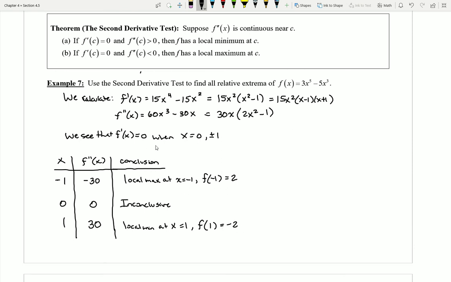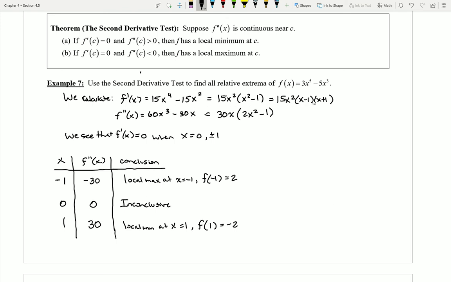So all that the second derivative test here is going to help us do is to find some local mins and maxes in a way that's different from how we used the first derivative test. Now, most of the time, I would actually say that the use of the second derivative test is not going to be very frequent. It is very rare that we're going to need to go through all of this work when, if you noticed here, we already found the first derivative.